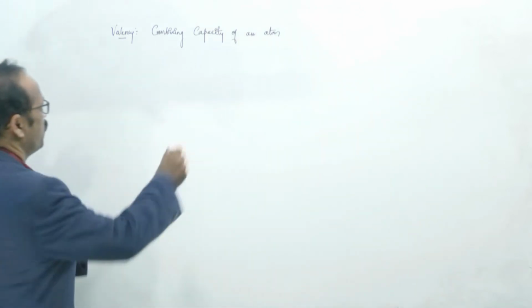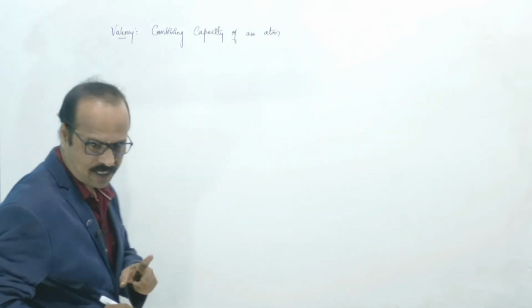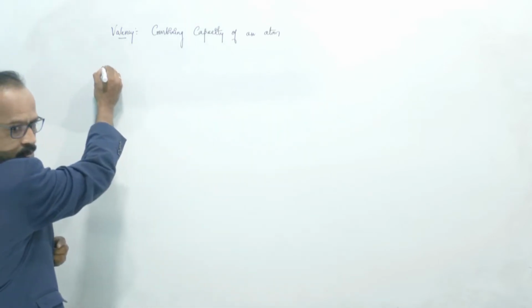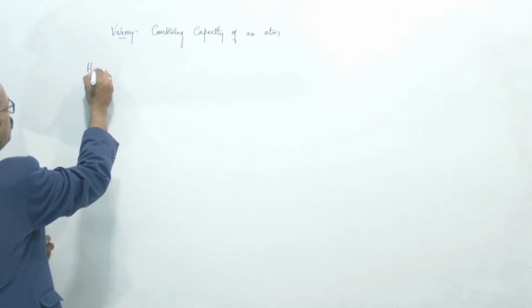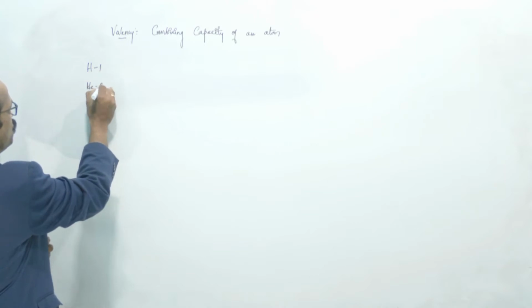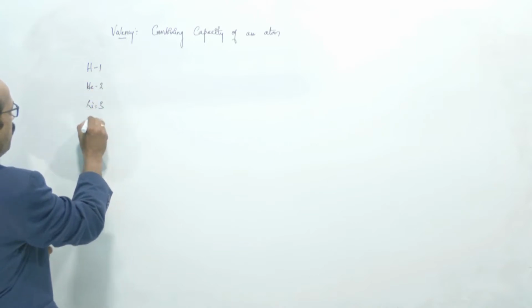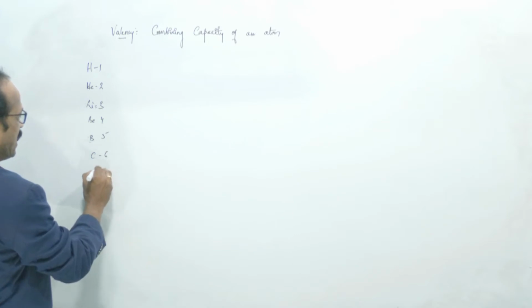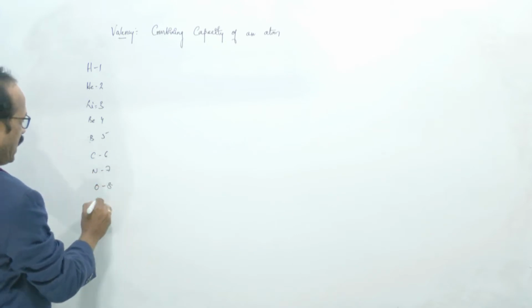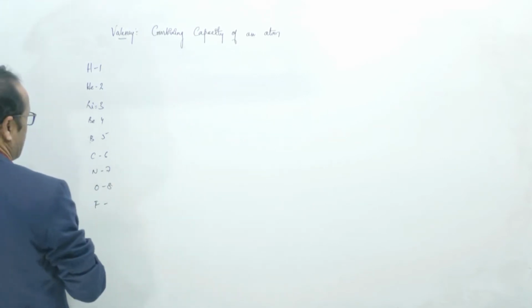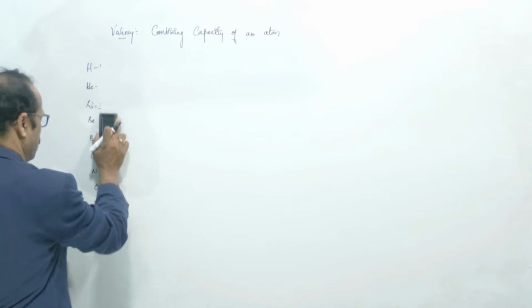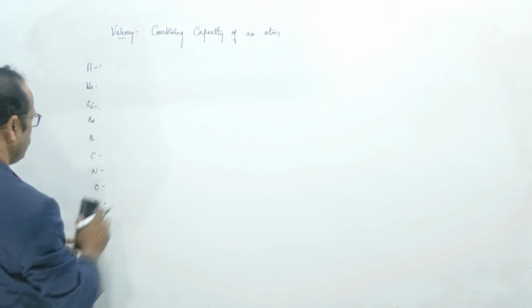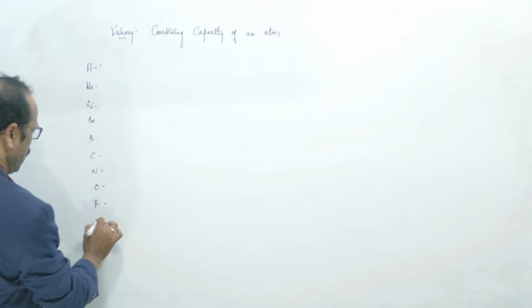See students, I am writing only the symbols and their valencies. Hydrogen 1, helium 2, lithium 3, beryllium 4, boron 5, carbon 6, nitrogen 7, oxygen 8, fluorine and neon.